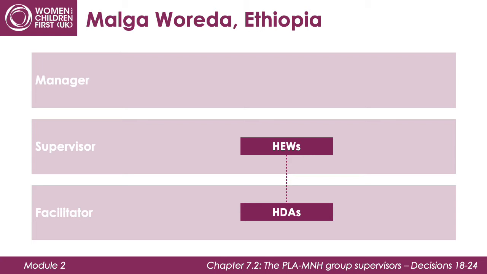National policy in Ethiopia dictates that 2 HEWs sit at each health post, one focused on facility-based activities and one focused on community-based activities. The HEW focuses on community-based activities, supervises the HDAs, and travels regularly to support them and other community-based health promotion activities.